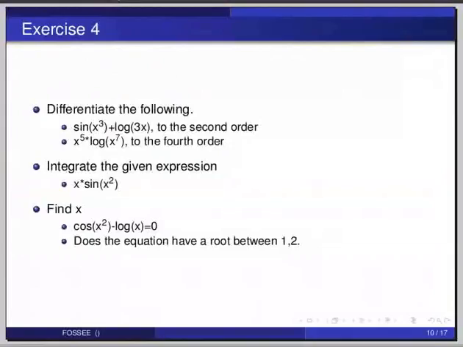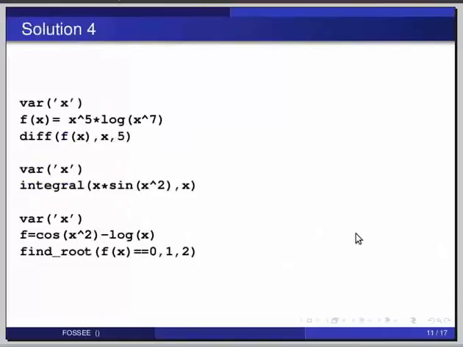Then integrate the given expression sin(x^2) plus e^x times x^3. Then find x so that cos(x^2) minus log x is equal to 0. Thus the equation has a root between 1 and 2. So the solution is on your screen.